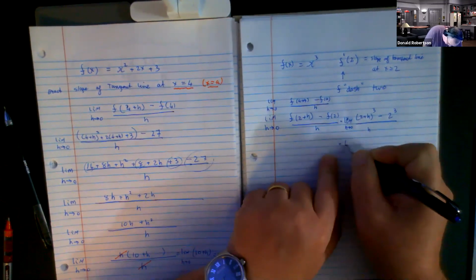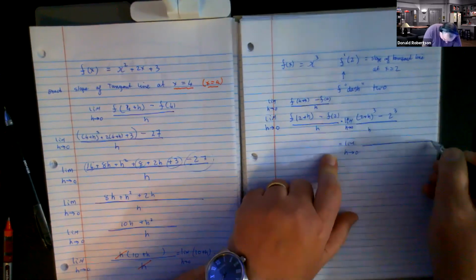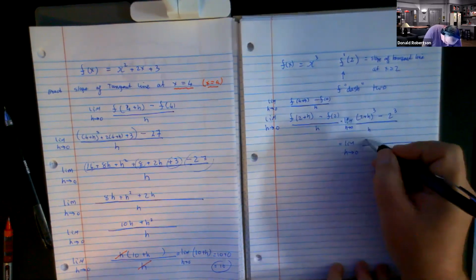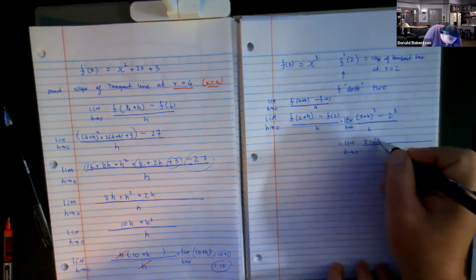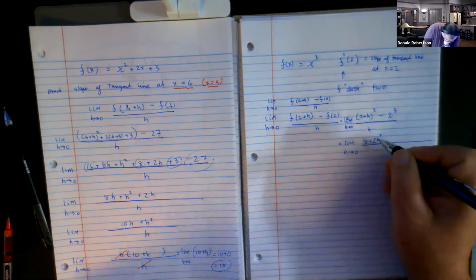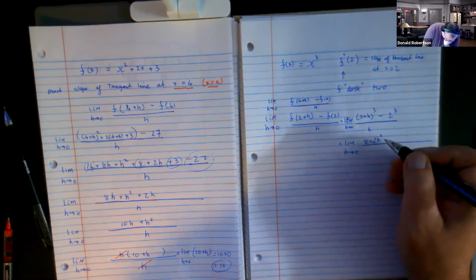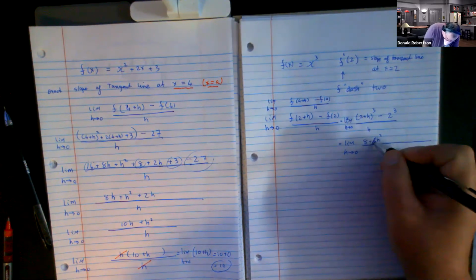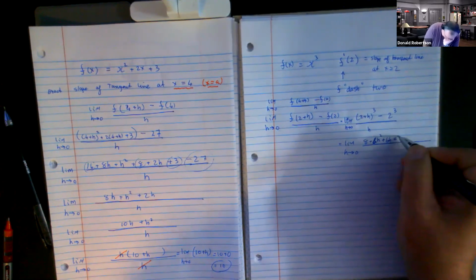So it's going to be the limit as h tends to 0. And you're going to trust me on this. You get 8, plus 6h squared plus 6h plus h cubed.